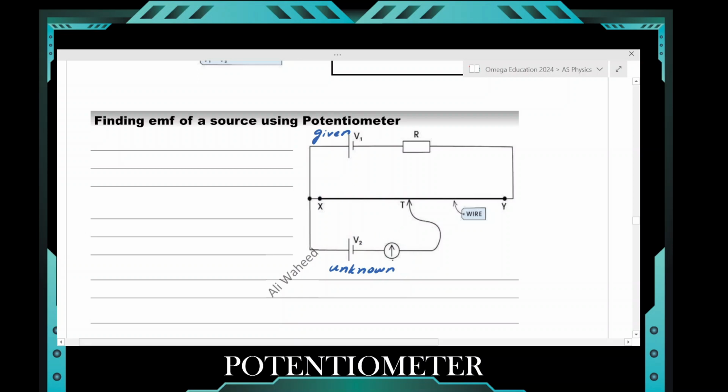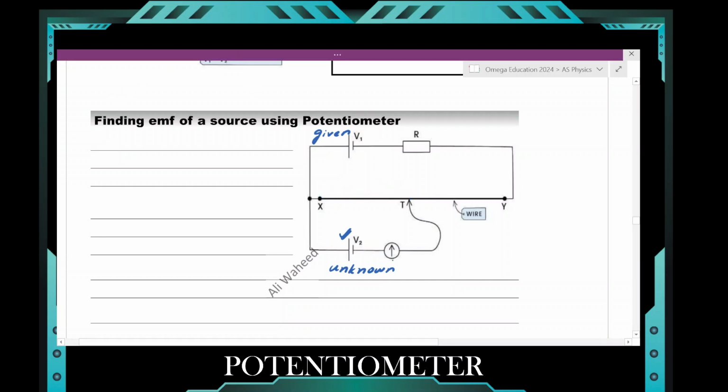So let me repeat this statement once again. If the potential difference over here, whatever the voltage is between X and Y, equals the EMF of the battery, then no current would flow through the circuit. So let's say the voltage across XY is, let's go with 5 volts.